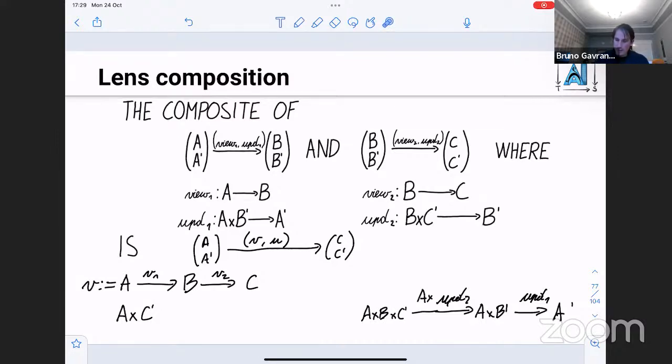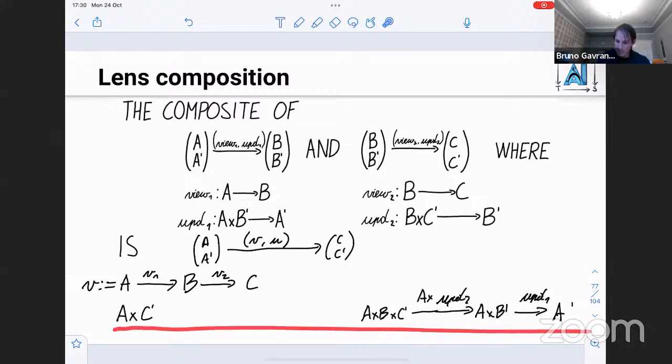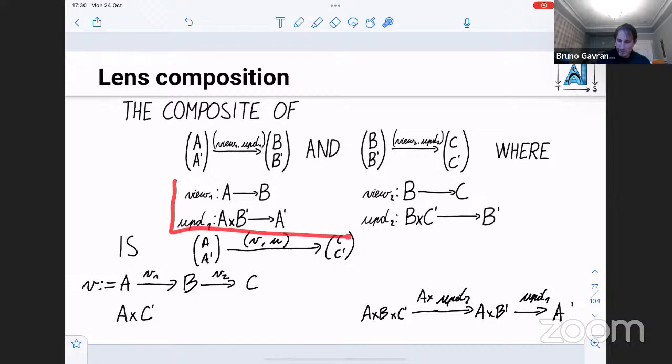So as you might see, we're slowly working backwards. We are trying to define this composite update map, and we are defining it in terms of constituent maps of the composite lenses that we have. Okay, so we're getting there.